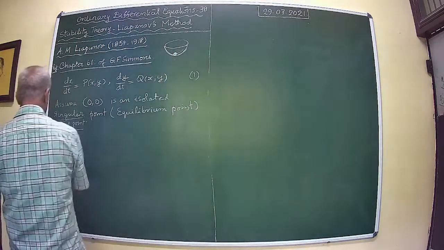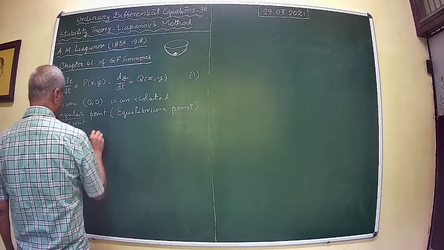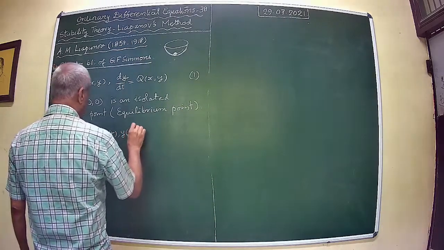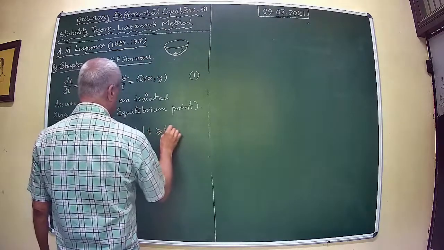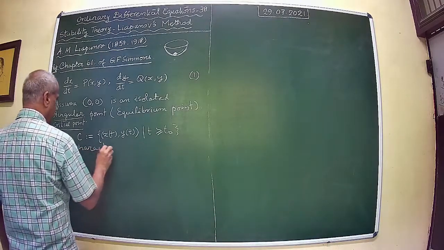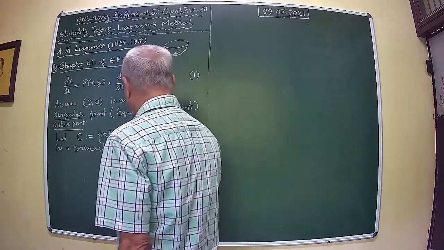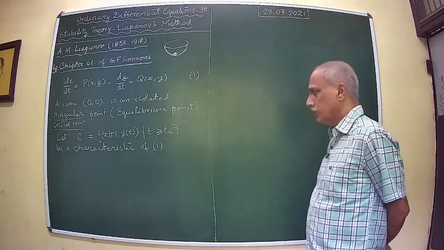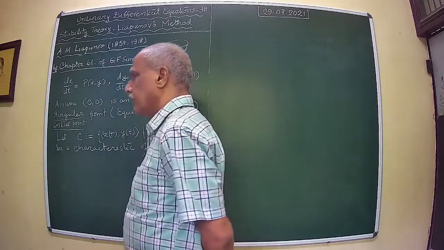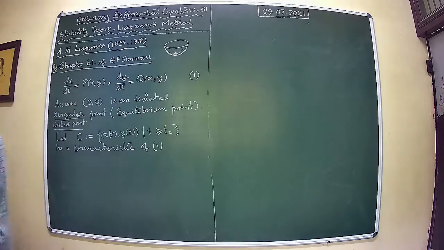Let C be a characteristic. So there is some point (x naught, y naught), and x(t naught) is equal to x naught, y(t naught) equal to y naught, and then (x(t), y(t)) is a solution of the initial value problem.